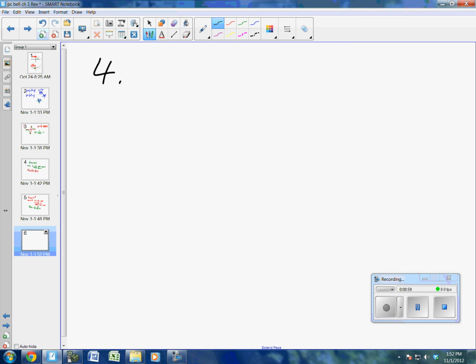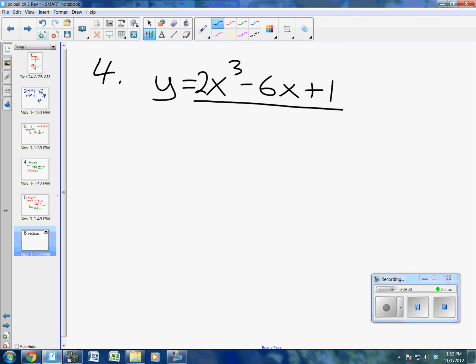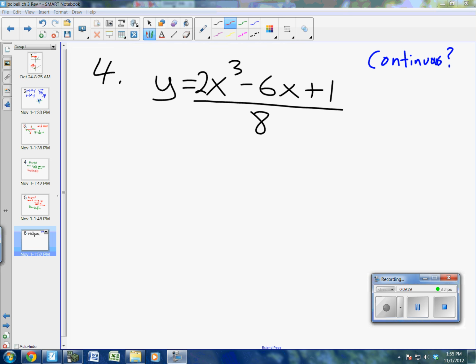Okay, I want to know if this function is continuous or not. I want to know if that function is continuous. And I want to know why. Okay, the answer to this is yes.